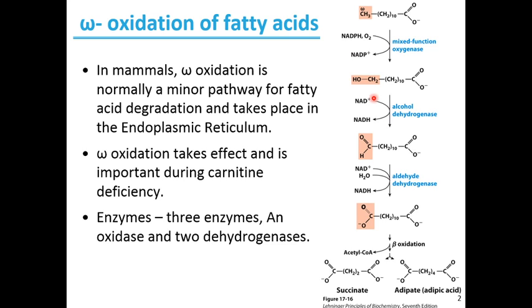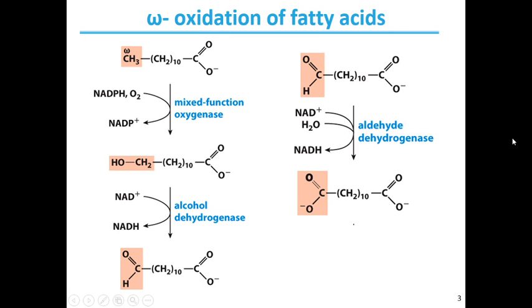Now, this omega oxidation involves three enzymes. It has an oxidase and two dehydrogenases. Let's look at what these enzymes do. The first step introduces a hydroxyl group onto the omega carbon, as shown here.